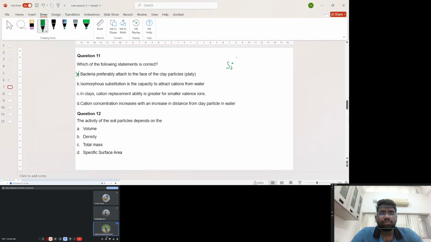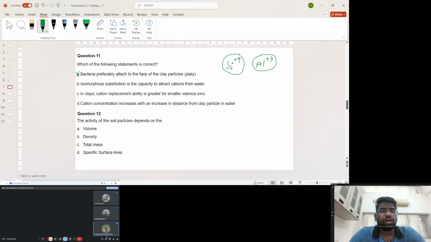Silicon exists in +4. It is similar to carbon since it falls in the same group. And if you take aluminium, aluminium is +3. So in many cases in clay minerals, silicon +4 is replaced by aluminium +3.